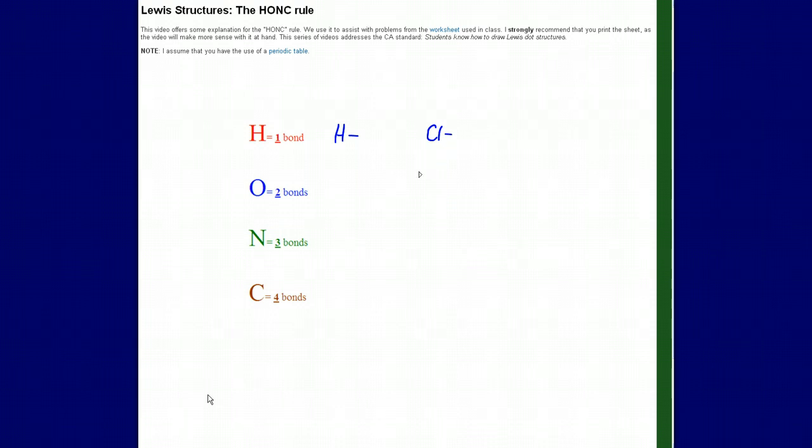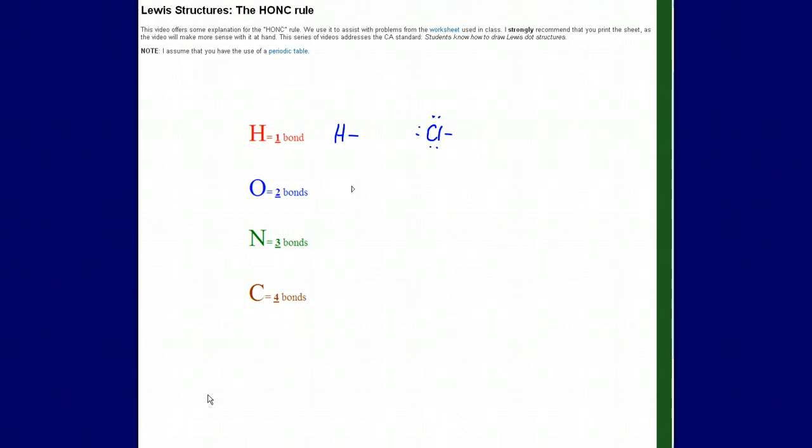The HONC rule says chlorine will form a single covalent bond. To get its octet, it's going to have 3 pairs of electrons that are not shared covalently. And that will be true for the other halogens as well, fluorine, bromine, iodine.